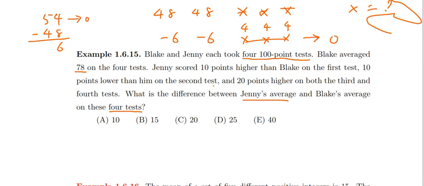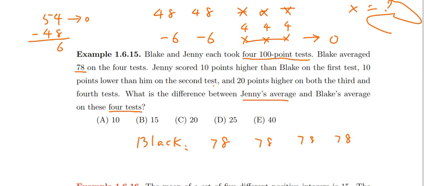So we can put Black as the same. We just check this case. Okay, suppose Black scores 78, 78, 78, 78.